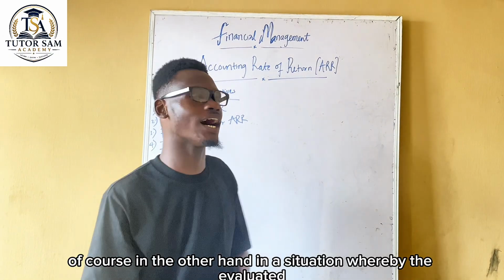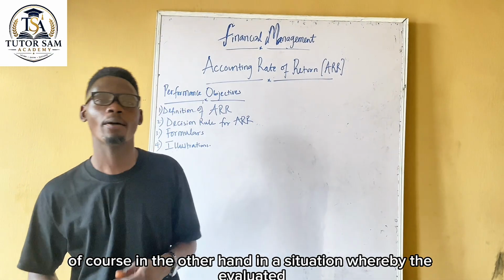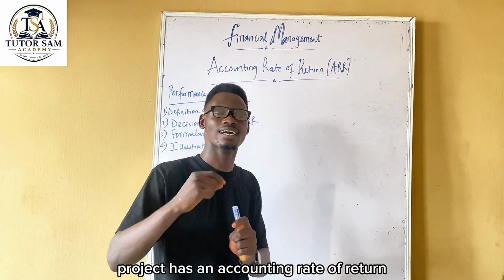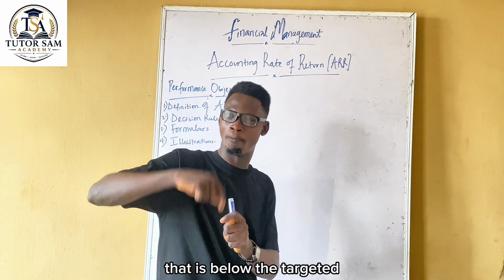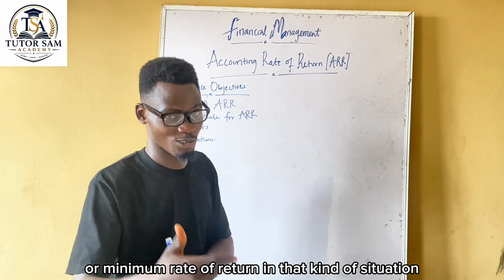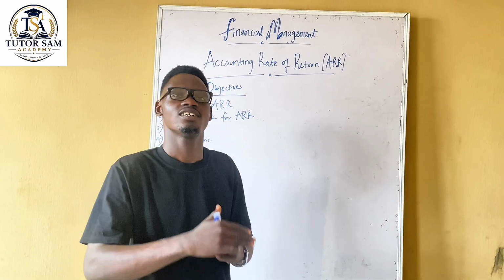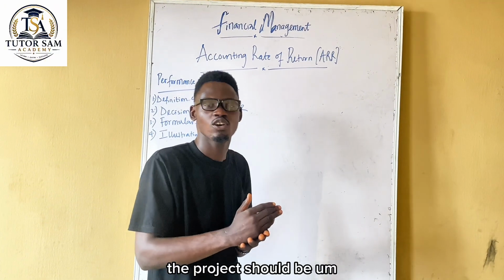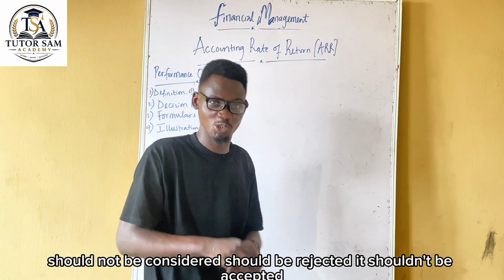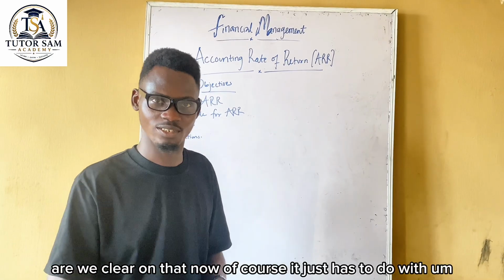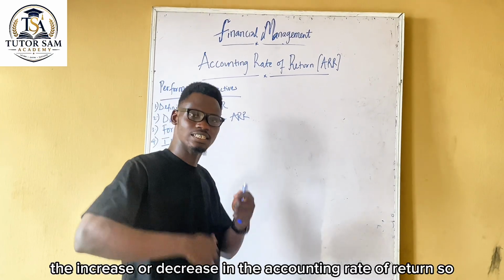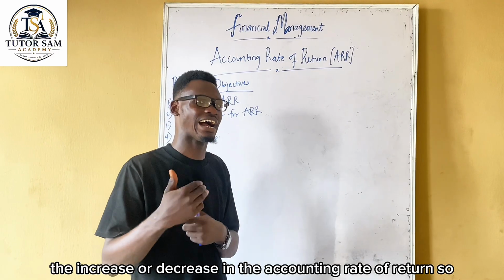On the other hand, in a situation whereby the evaluated project has an accounting rate of return that is below the targeted or minimum rate of return, the project should not be considered. It should be rejected. Is that clear now? It just has to do with the increase or decrease in the accounting rate of return.